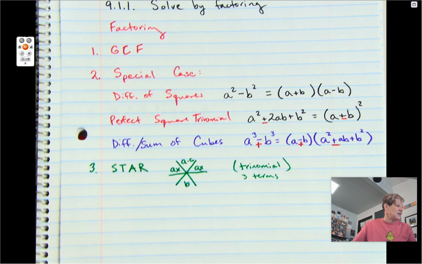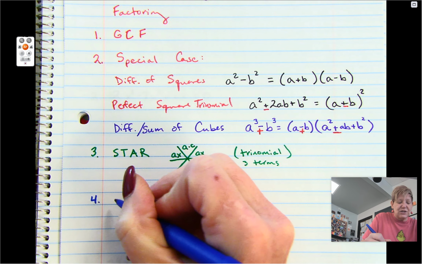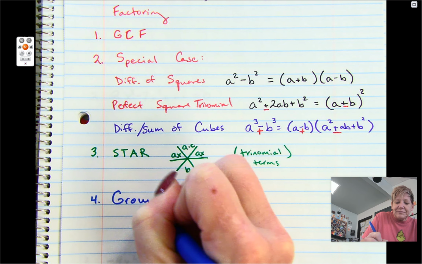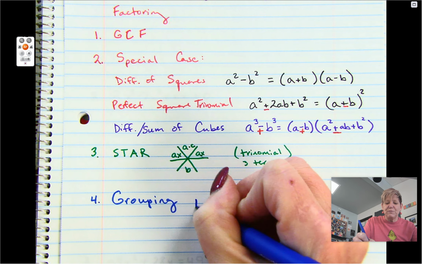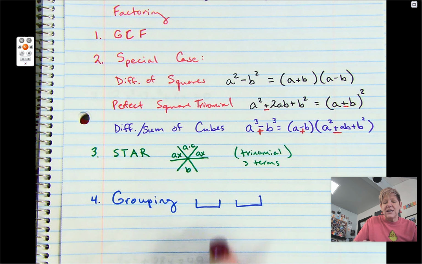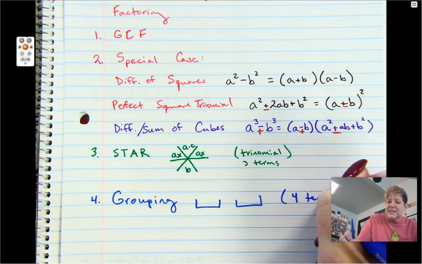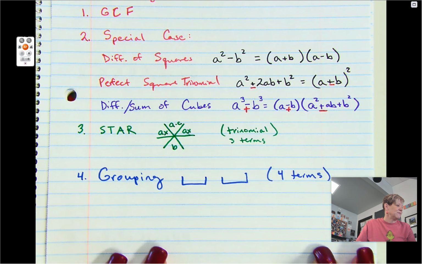Okay. And our fourth method is new. Our fourth method is to factor by grouping. And I will show you how to group. Essentially, you group 2 terms together and 2 terms together. And so you have to have 4 terms in order to do factor by grouping.